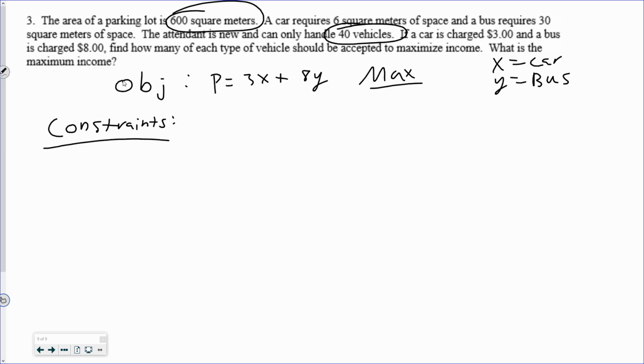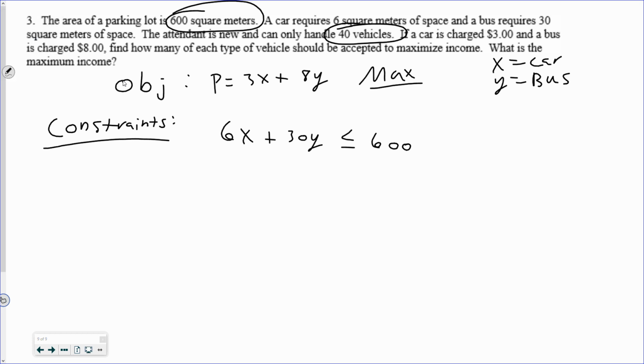In this case, it's space and how many vehicles the attendant can handle. So for the space, each car requires 6 square meters of space. So 6X plus 30Y needs to be less than or equal to 600. I can be using less than all 600 square meters of space, but I cannot use more. So that is my constraint.